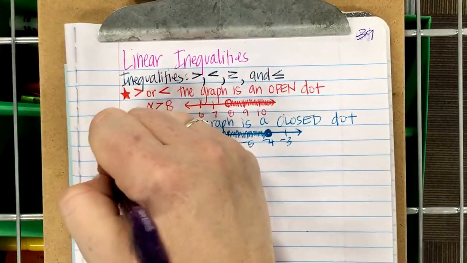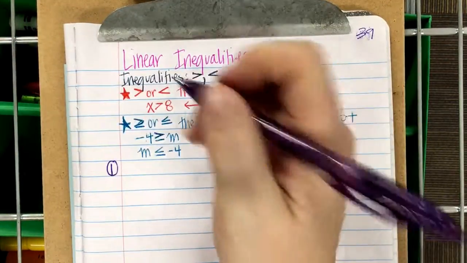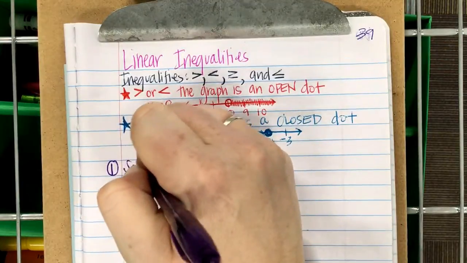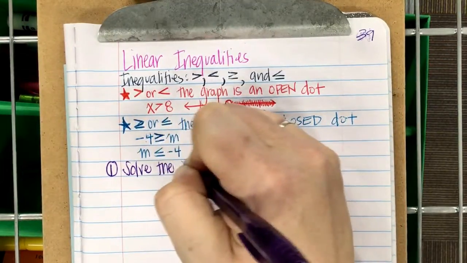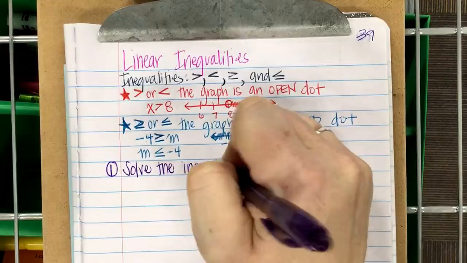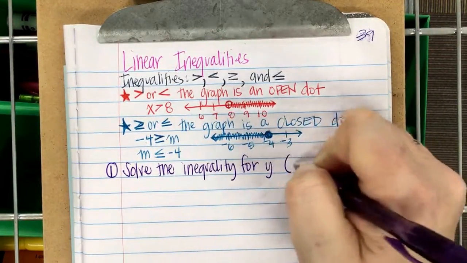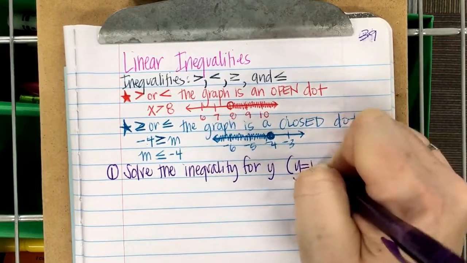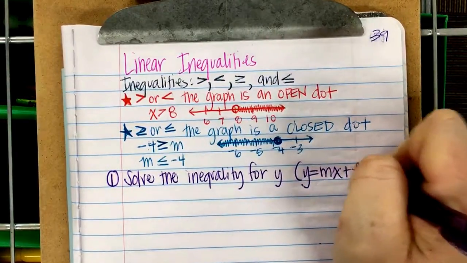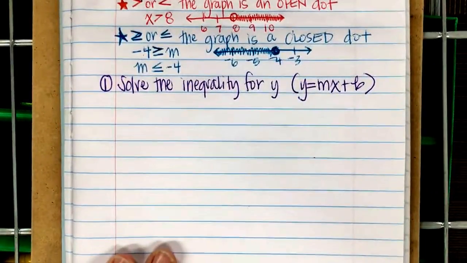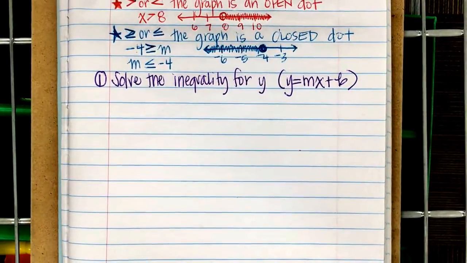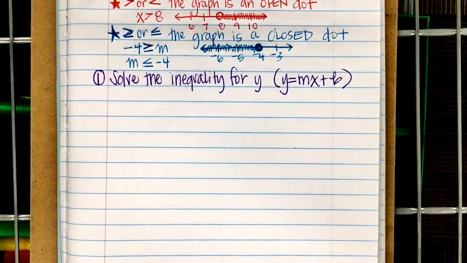So the first thing you need to do today, maybe, is solve the inequality for y. It needs to be y equals mx plus b, or since it's not an equal sign, y is greater than, less than, greater than or equal to, less than or equal to mx plus b. Instead of an equal sign, there will be an inequality.